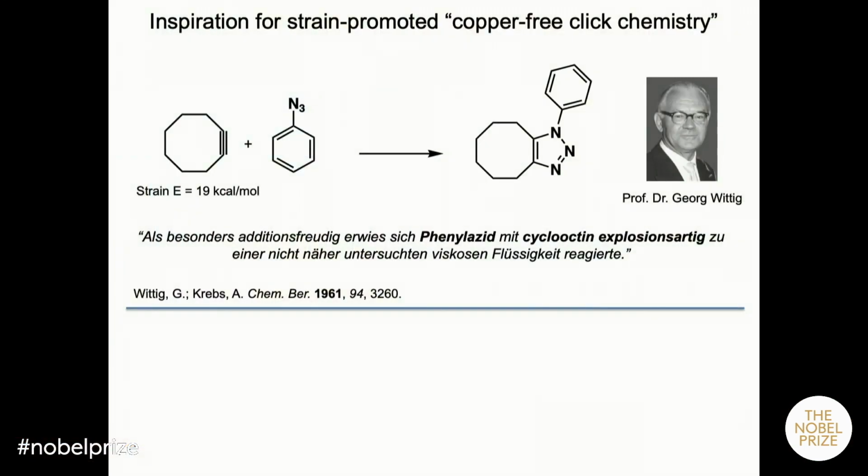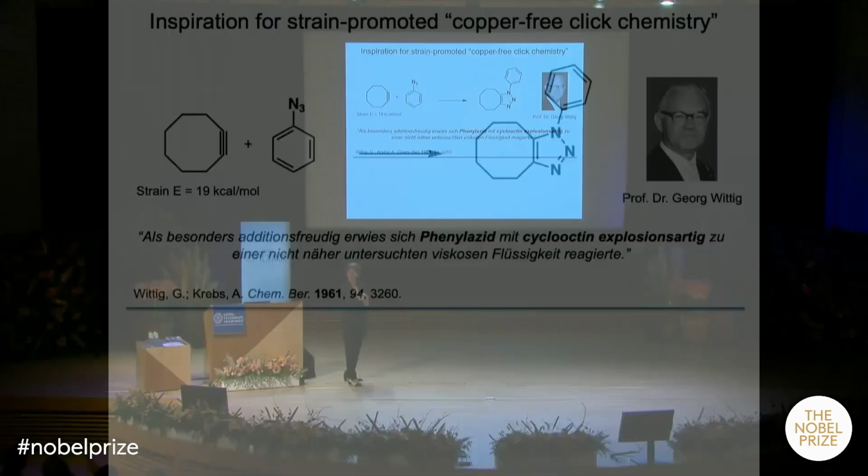Back in 1961, Georg Wittig, another Nobel laureate in chemistry, reported on the reaction of cyclooctyne, the smallest of the stable cycloalkynes, which has 19 kilocalories per mole of strain energy.